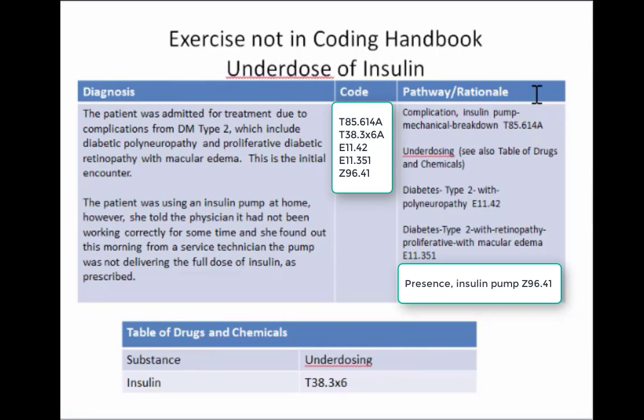Insulin pump, mechanical, breakdown gets us to T85.614A. The underdosing code we have here below, T38.386. We know this person has diabetes with polyneuropathy. That is an E11.42. With retinopathy proliferative with macular edema, E11.351, and is on insulin.